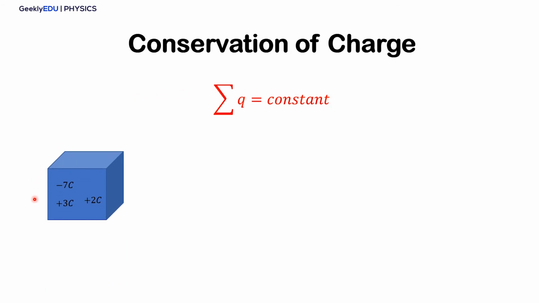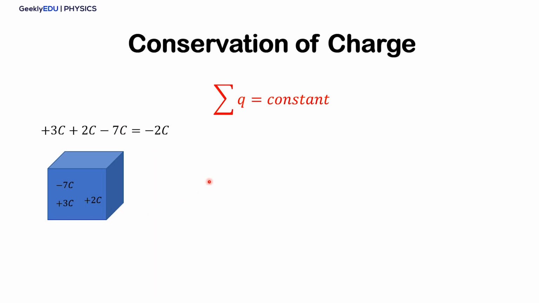Let's take, for example, this small box as our system. It's electrically isolated, so we have no charges going out of or into the system, and it has 3 particles. If we add the charges of these particles, we have a resultant charge of negative 2 Coulombs.